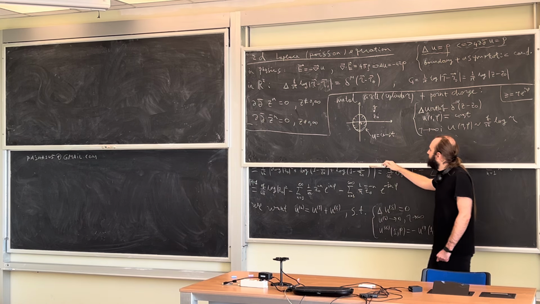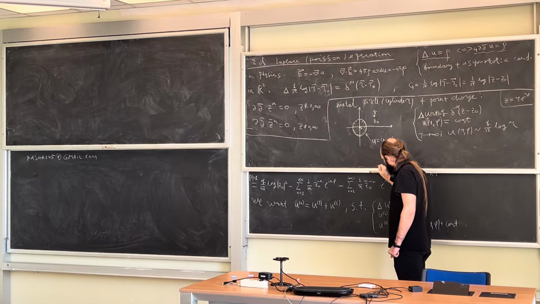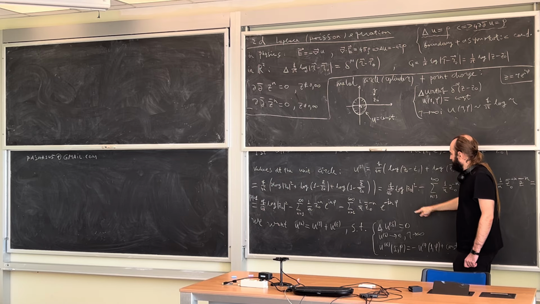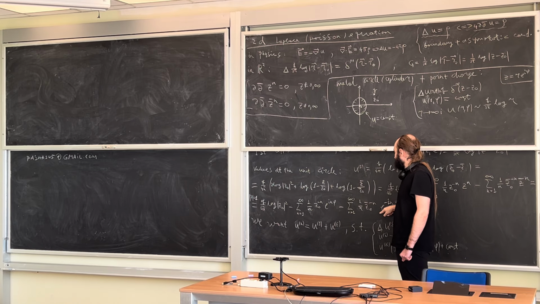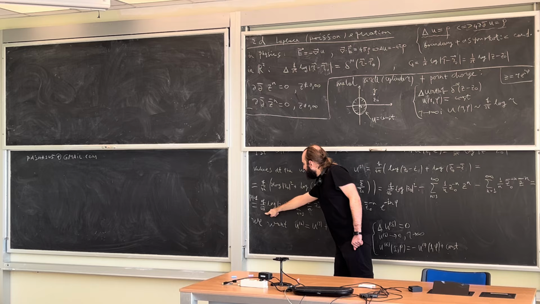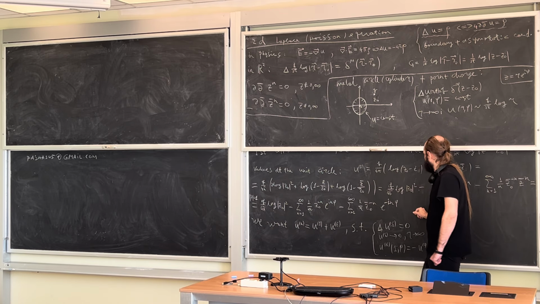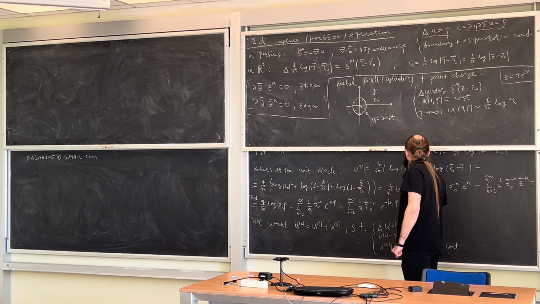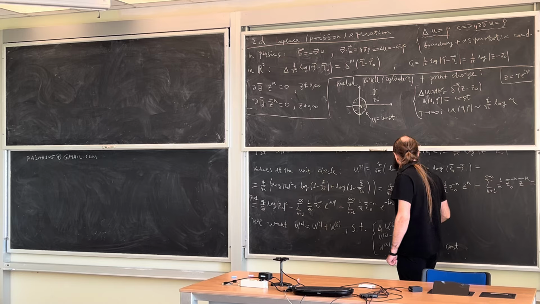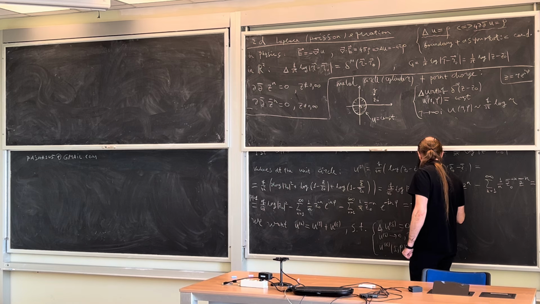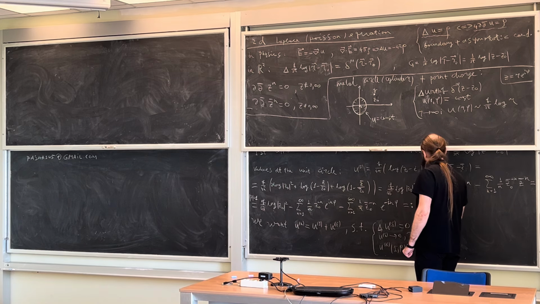It doesn't matter. And this boundary condition is written here. We have just computed it. So this series is u1 of 1, phi.